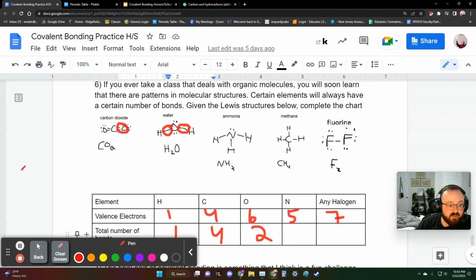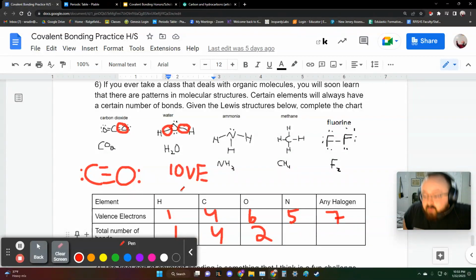The biggest one that comes to mind is carbon monoxide, which looks like this. It has 10 valence electrons: 6 from oxygen and 4 from carbon, 1, 2, 3, 4, 5, 6, 7, 8, 9, 10. So there are rare cases where it's not true, but in general, oxygen wants to have two bonds.